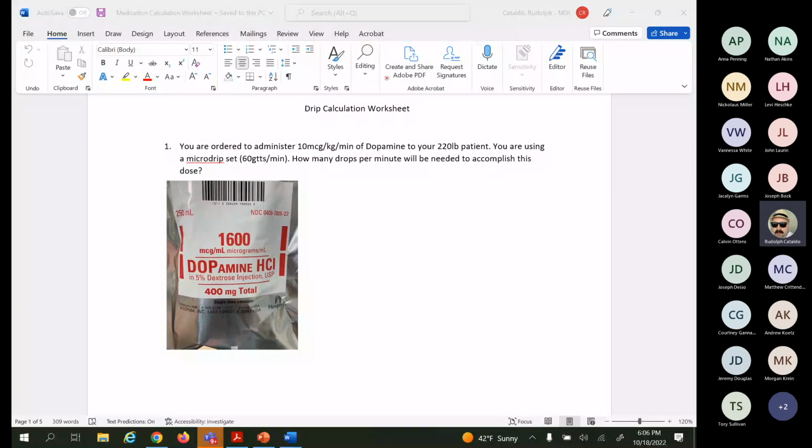It's asking that we're being ordered to administer 10 micrograms per kilogram per minute to a 220-pound patient. Well, I already see a problem, because this is asking for kilograms and it's supplied in pounds. So how do we convert pounds to kilograms?